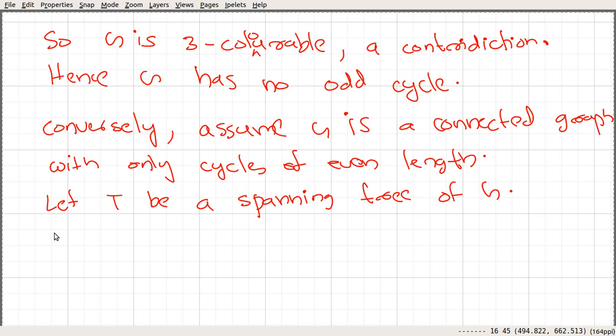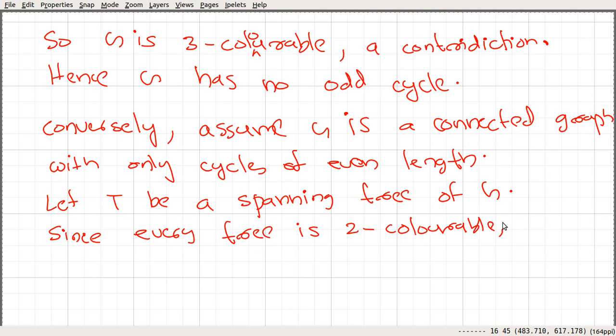Since every tree is two colorable, this spanning tree T can be colored with two colors.